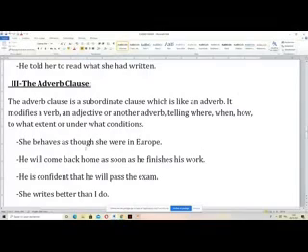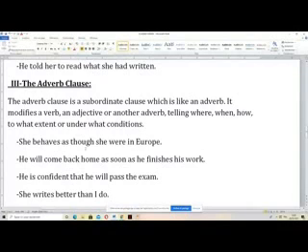Remember, whenever we talk about the adverb clause, we're talking about the modification of a verb, an adjective, or another adverb. That is, we consider clauses as one unit.